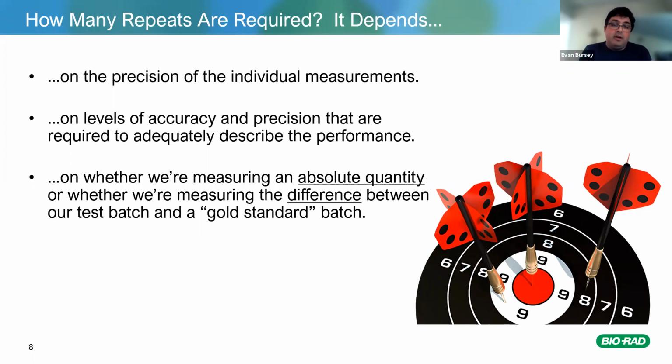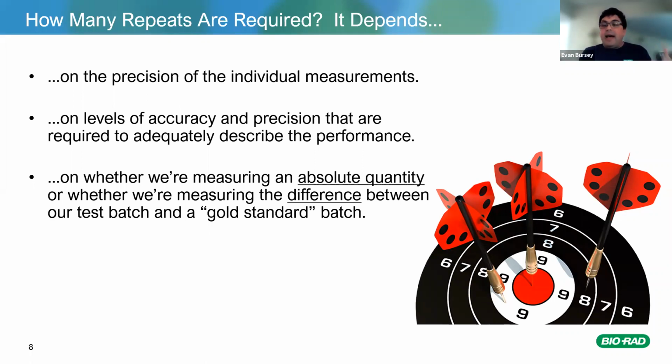And that's really what we're after, is can we have some confidence that the product is going to perform the way we think it should for the customer, the way we promised it. It also depends on what you're measuring. So for instance, if you're measuring an absolute quantity, you throw 100 nanograms of DNA in, and then you measure some CQ value coming out, you might need some number of replicates for that.